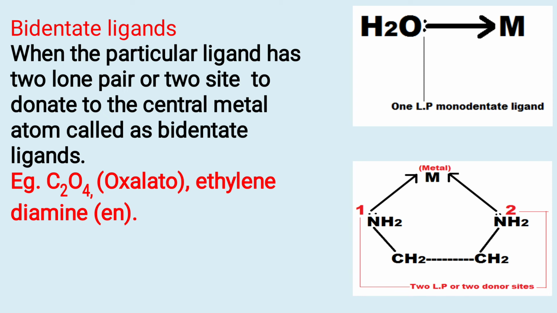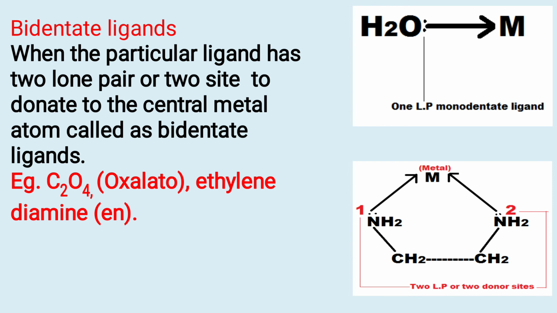There are several examples of bidentate ligands, like oxalato, C2O4 2 minus, and ethylene diamine, abbreviated as en. Here we can see the example of ethylene diamine, which bears two lone pairs on its two nitrogens. This is one nitrogen, this is another nitrogen, and this is the overall structure of ethylene diamine.